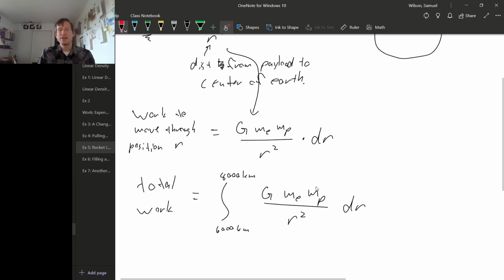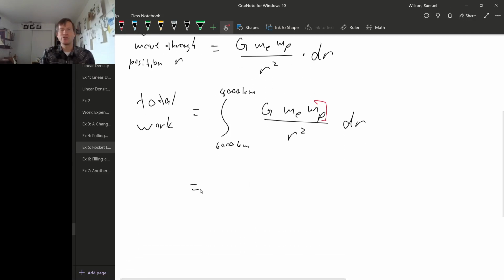Everything in the numerator here is a constant, so let's pull all of those things outside of the integral. So G times mass of Earth times mass of our payload times the integral from 6,000 kilometers to 8,000 kilometers.